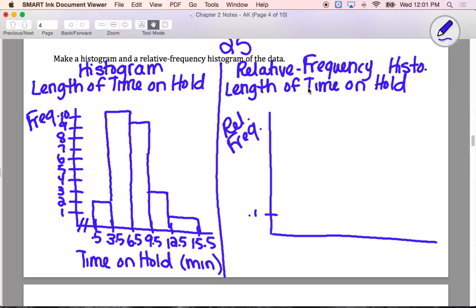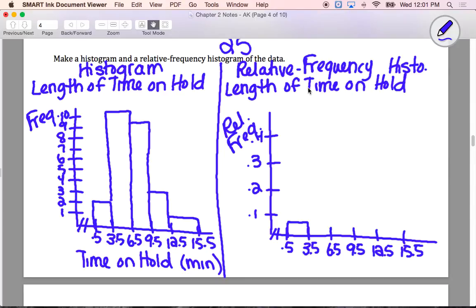So we're going to do 0.1, 0.2, 0.4. Make your break. And my 0.5, 3.5, 6.5, 9.5, 12.5, 15.5. So for the first one, it should be 0.08.